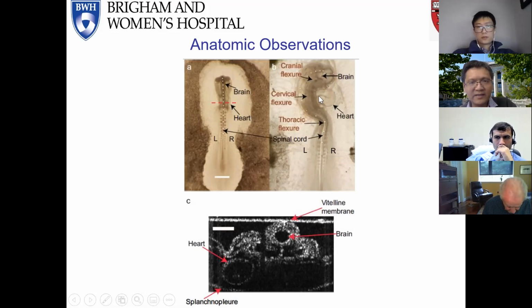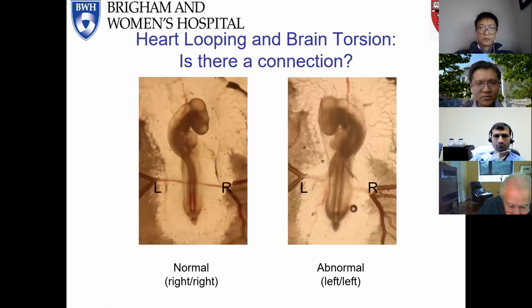And as the brain bends, it forms 3 flexures. There's a cranial flexure in the forebrain, a cervical flexure in the hindbrain, and then a thoracic flexure in the spinal cord. And the thoracic flexure actually deforms it in the opposite direction.